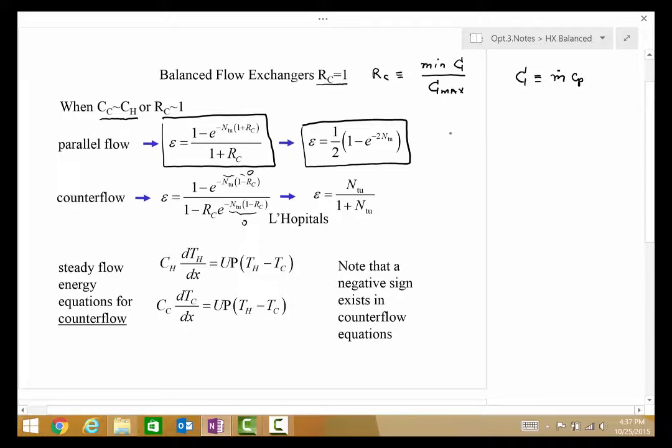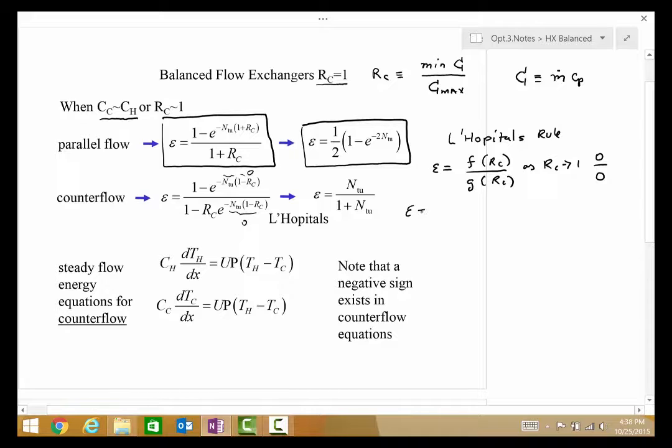We apply L'Hopital's rule. Remember, L'Hopital's rule is a method to deal with these indeterminate systems. So we can think about the effectiveness as a function of the capacity ratio divided by a different function of the capacity ratio. We see that as the capacity ratio goes to 1, this is 0 over 0.